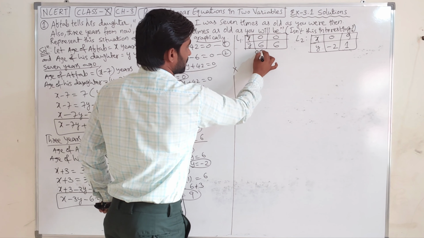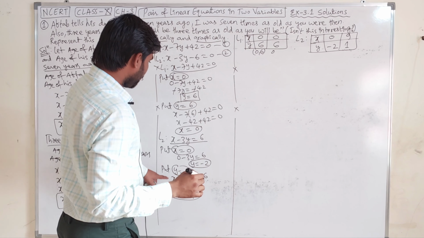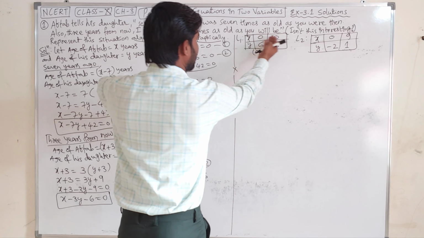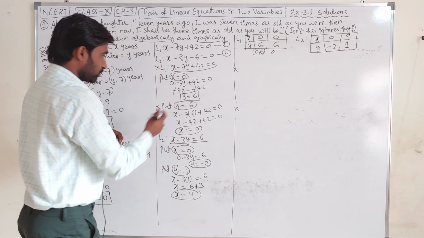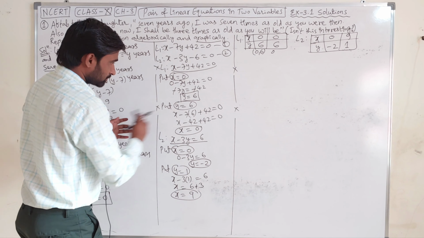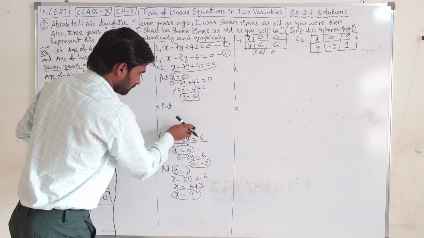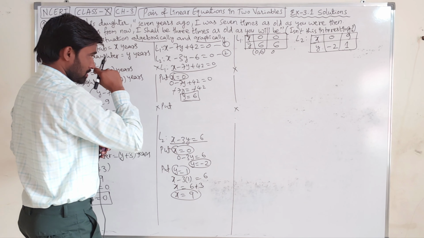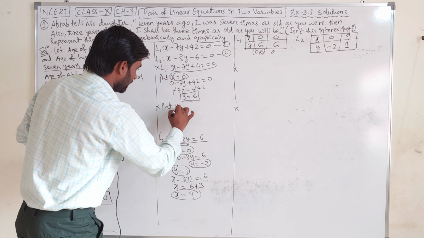So it is 0, 6 as the first point. Here y is 6 and x is 0. So here we got the same solution. So let me change here. Here we have to take another value. Let us take y equal to 5.